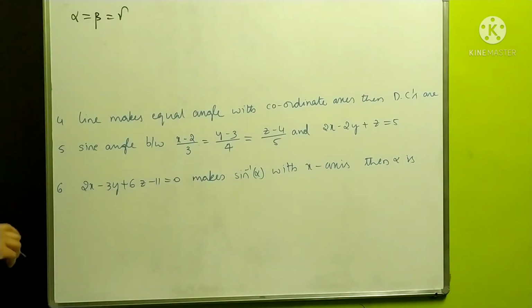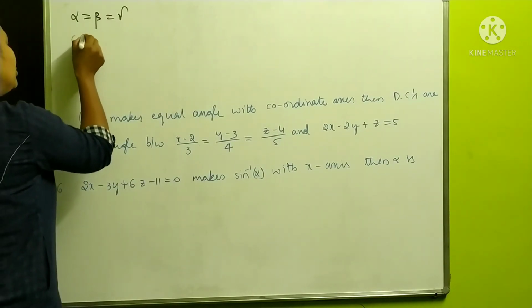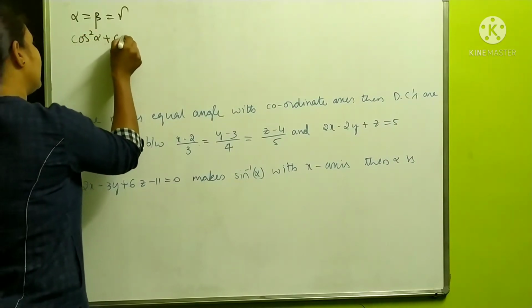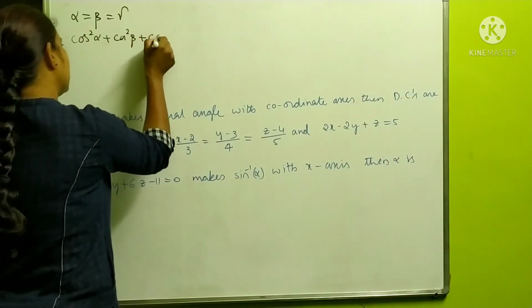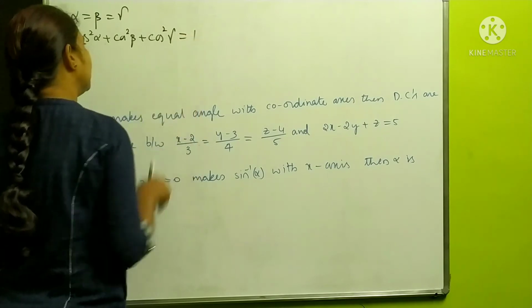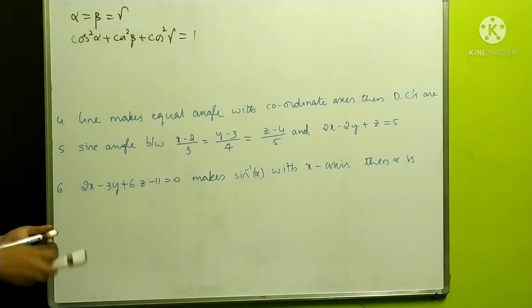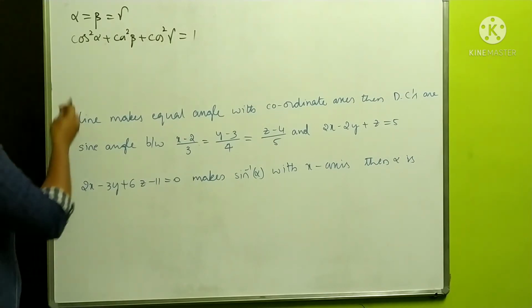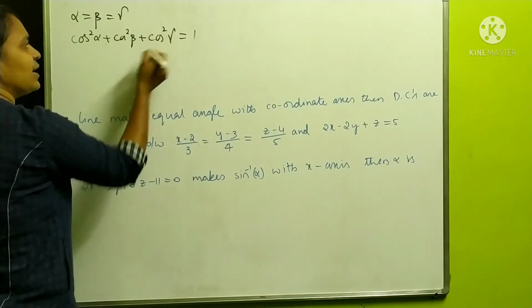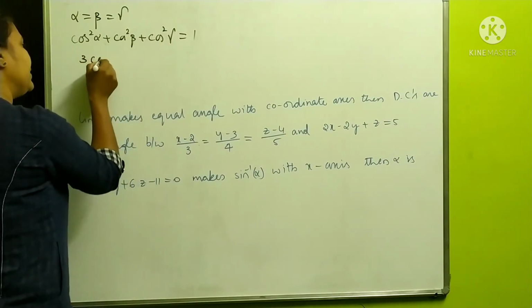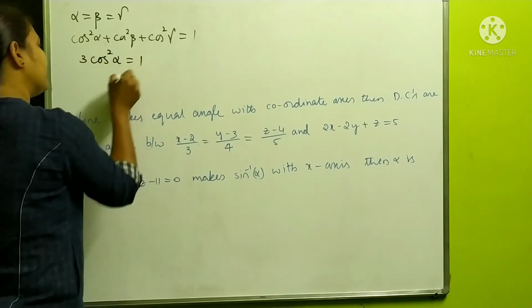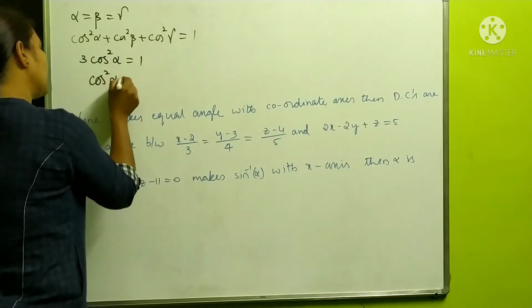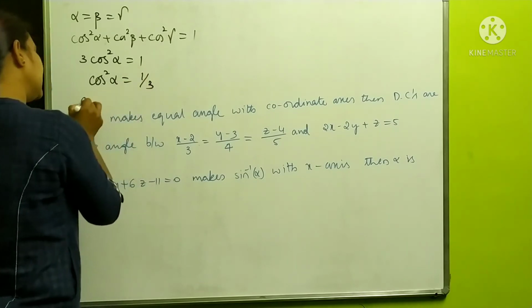Therefore, cos alpha is equal to cos beta is equal to cos gamma. You know cos square alpha plus cos square beta plus cos square gamma is equal to 1. So I can replace beta and gamma with alpha. It will become 3 cos square alpha is equal to 1. Cos square alpha is equal to 1 by 3.